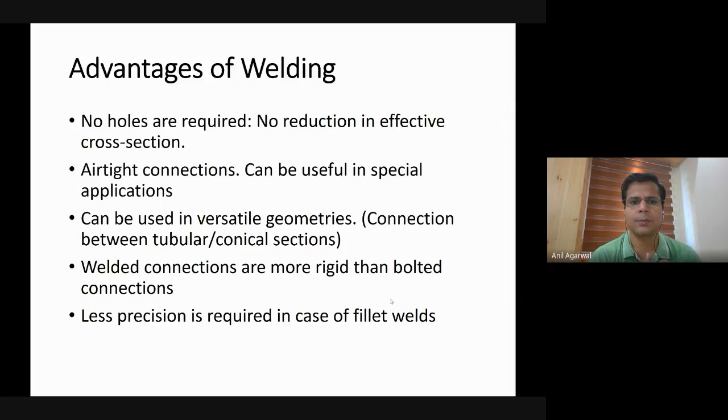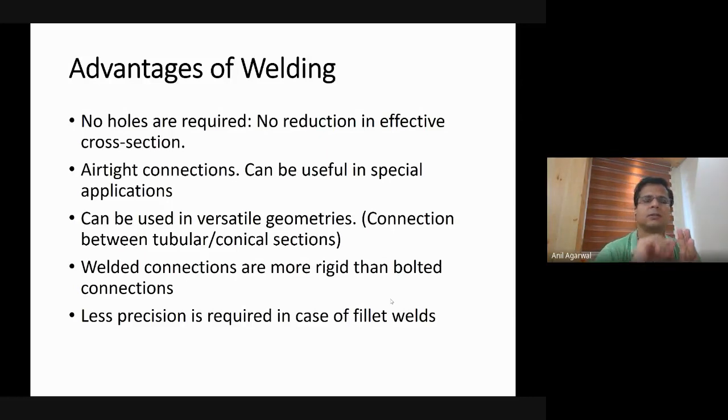Welds can be used in more versatile geometries. I had given an example in the previous class. Let's say you want to connect two tubular members at a particular angle, right?